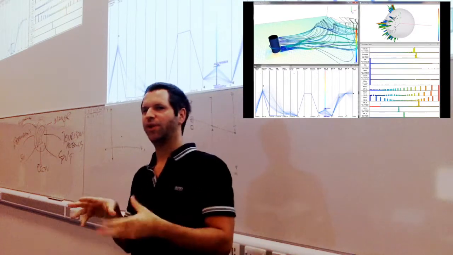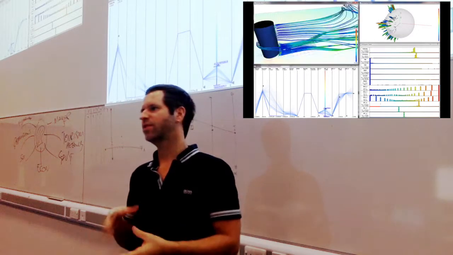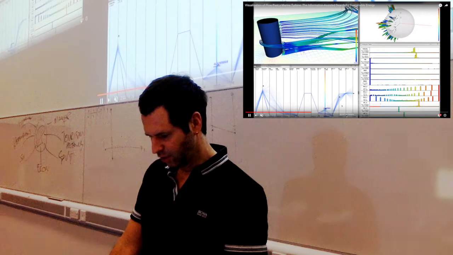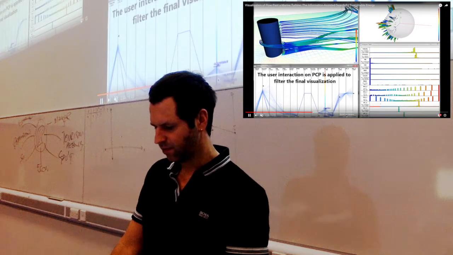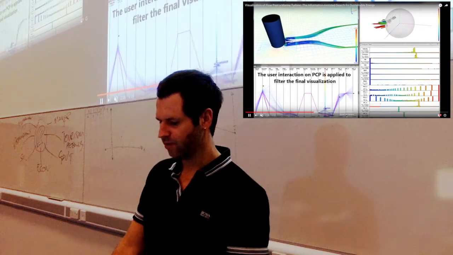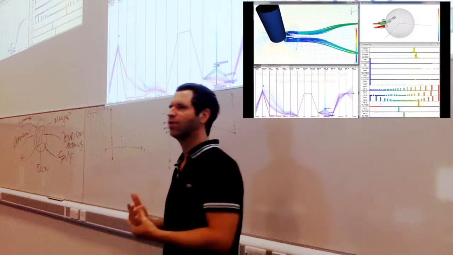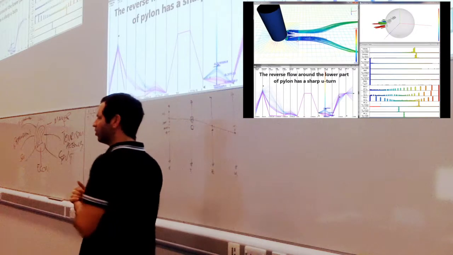But with these coordinated multiple views, it's very, very simple and fast, right? The user just chooses the negative x velocity in the histogram view, just brushes it, and boom, can see all the flow that goes in the wrong direction or the upstream direction.